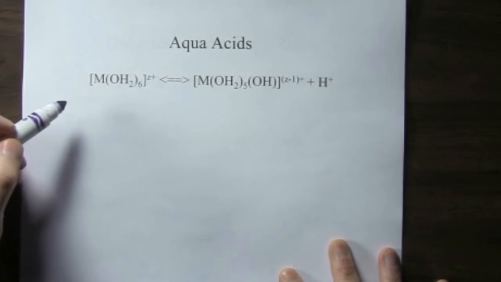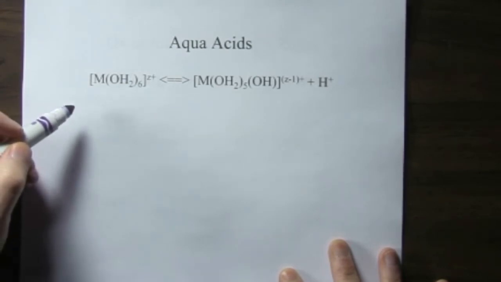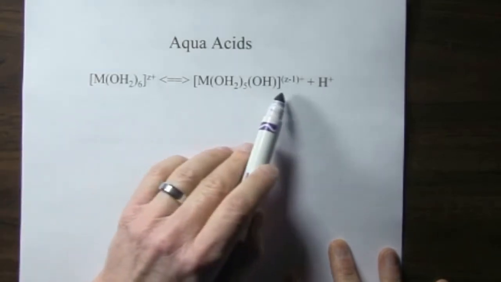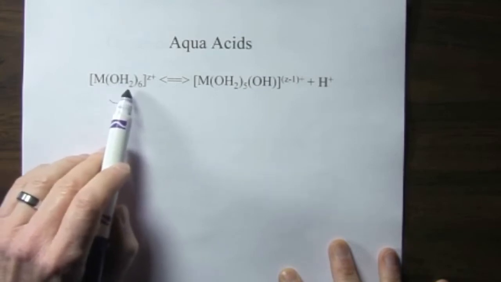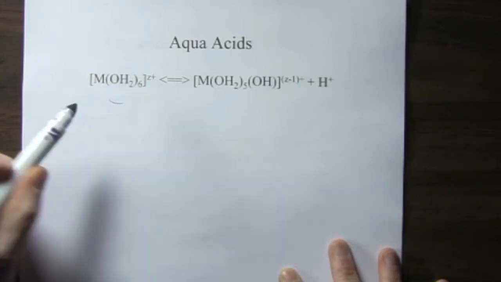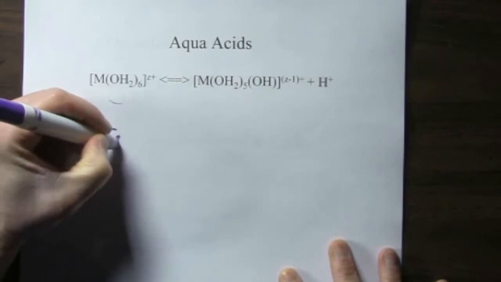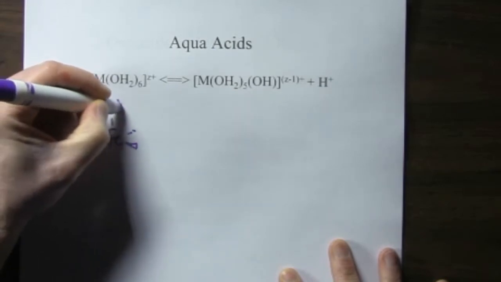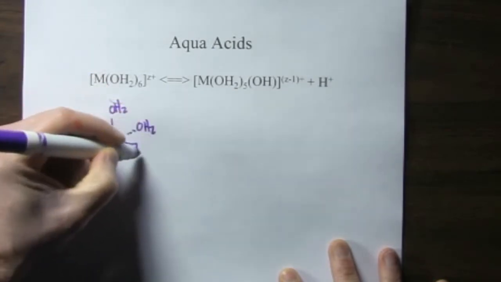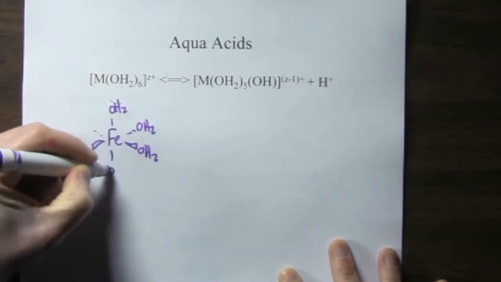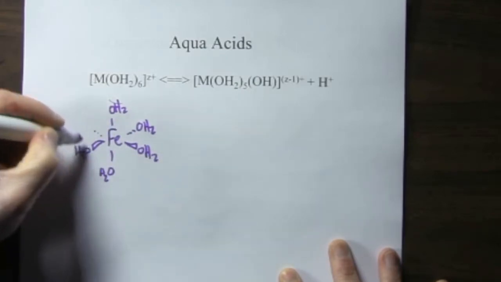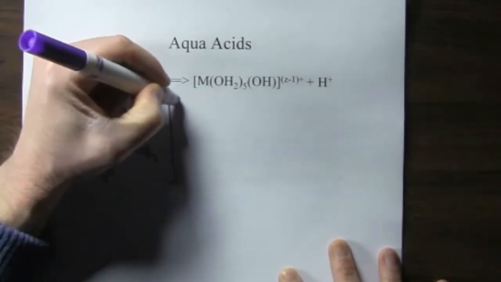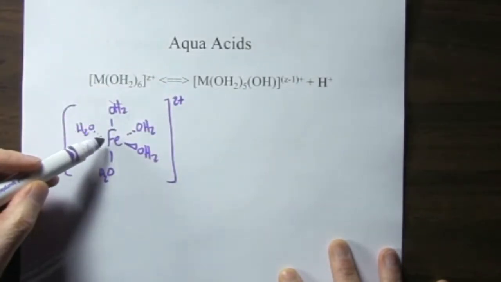So, let's start out looking at another trend of protonic acids, and that is for metals in aqueous solution, they tend to be acidic. So this is hydrated, so that's water around this metal center, say an iron atom that is octahedrally coordinated by water ligands, and say there's a positive 2 charge on the iron.